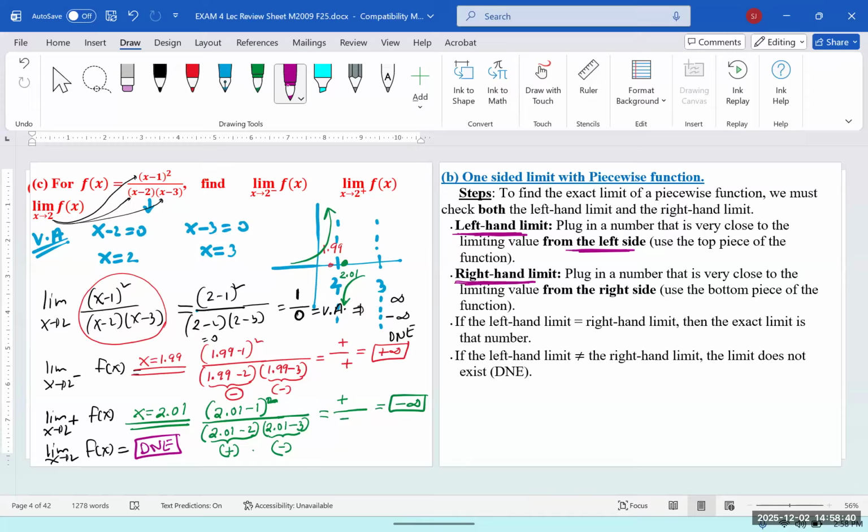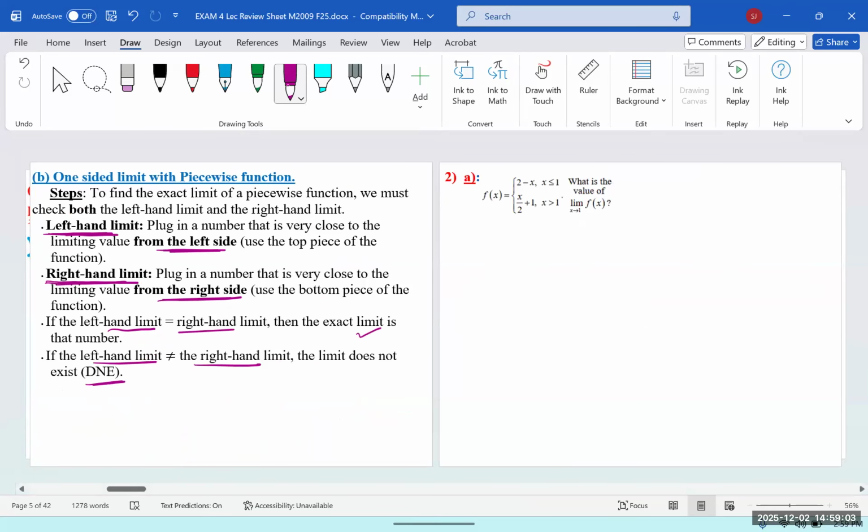Then to look at the right side limit, you take the right function and you look at the y value. If the left limit and the right limit are the same number, then the exact limit is that number. But if the left limit and the right limit are not same, then the exact limit doesn't exist.